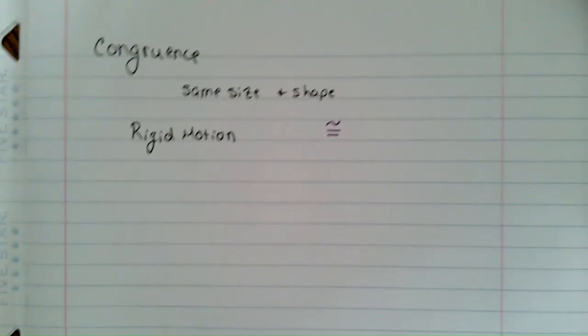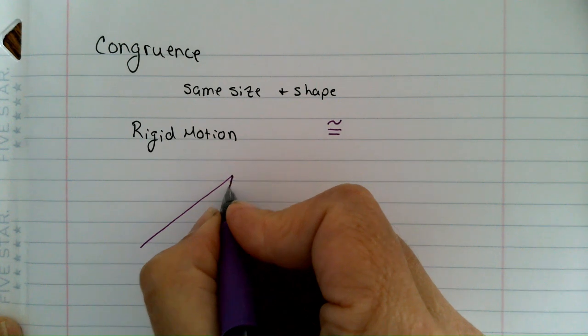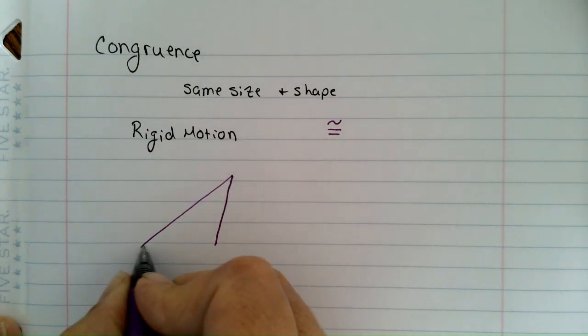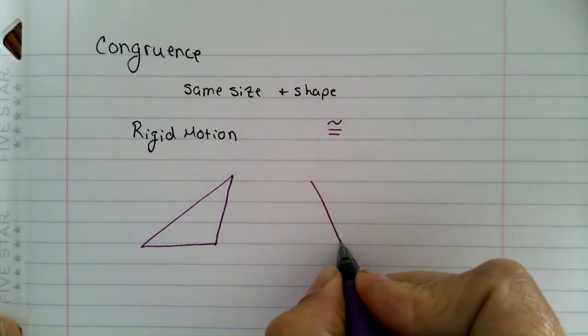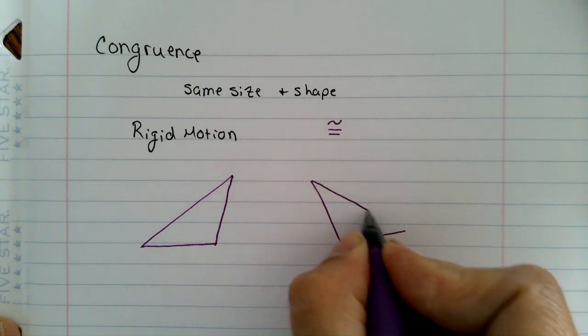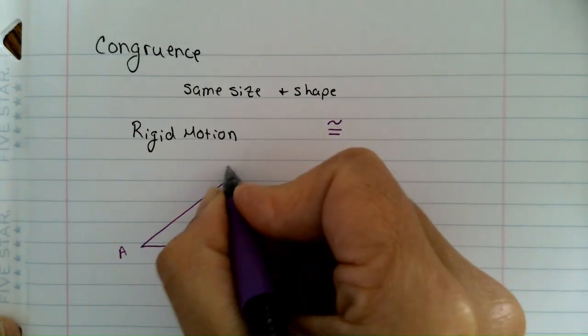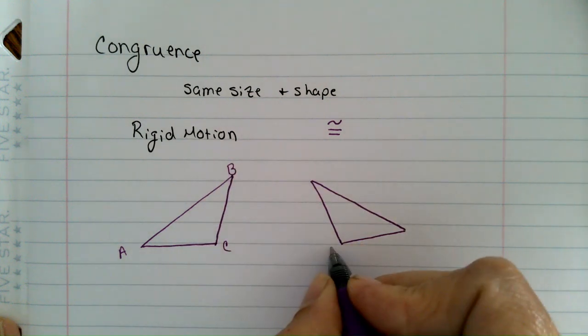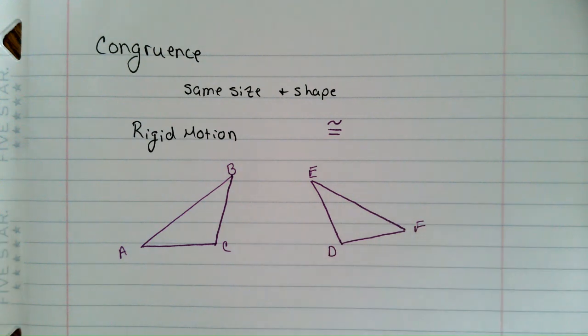Okay, so you might see a triangle. Let me draw two triangles here. I'm going to rough sketch, so hopefully I sketch them well. We're going to call this one triangle ABC, and this one triangle DEF.